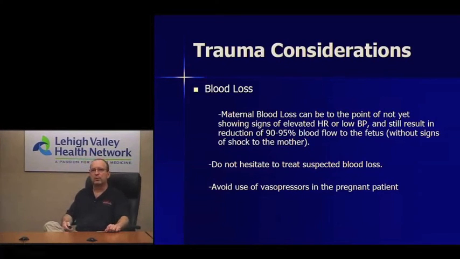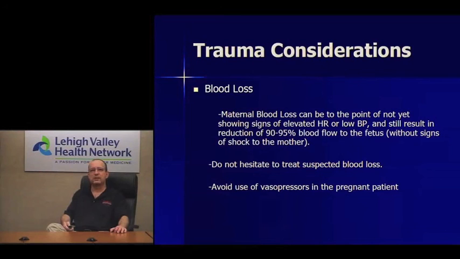A maternal blood loss can be to the point of not showing any signs of elevated heart rate or low BP and still result in a reduction of 90 to 95% blood flow to the fetus. So that means that there can be up to 90 to 95% reduction of blood flow going to the fetus before the mom even shows any signs of shock.